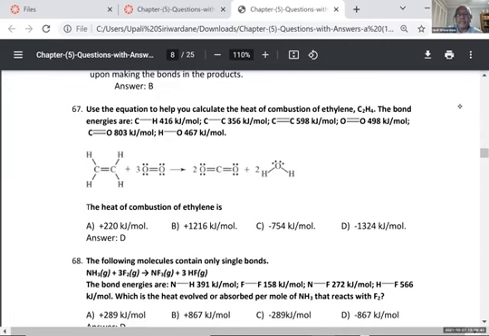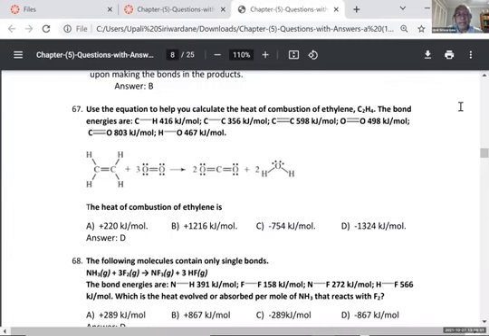Water has 2 OH bonds, so 2 times, that's a total of 4. When you do that, you get the bonds broken added to bonds formed, and we got the answer.